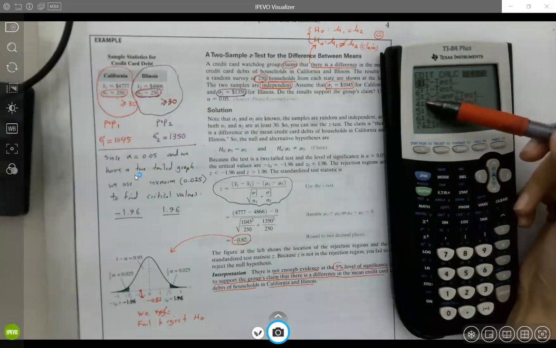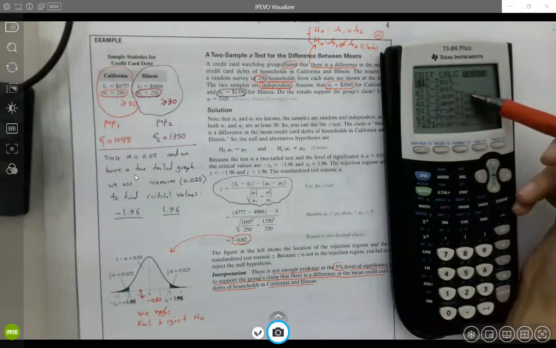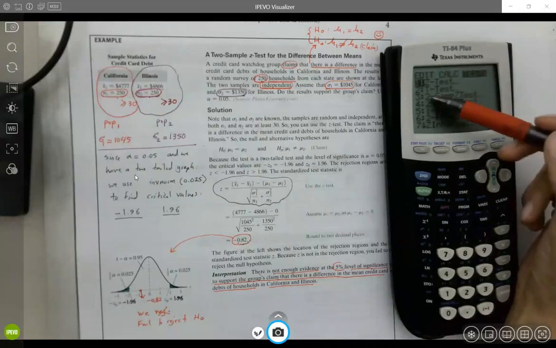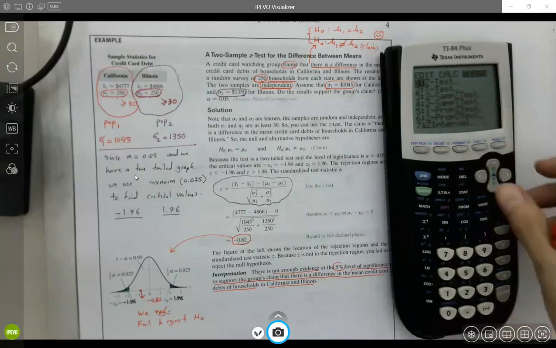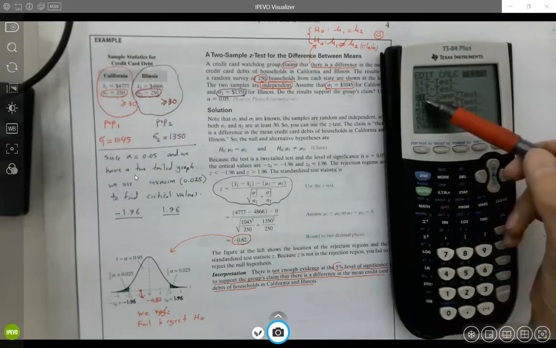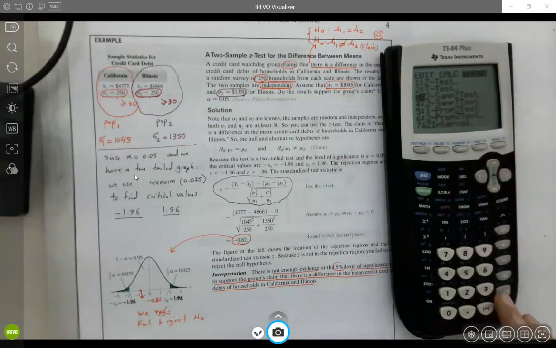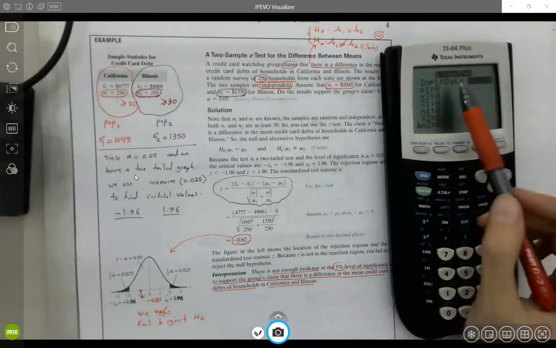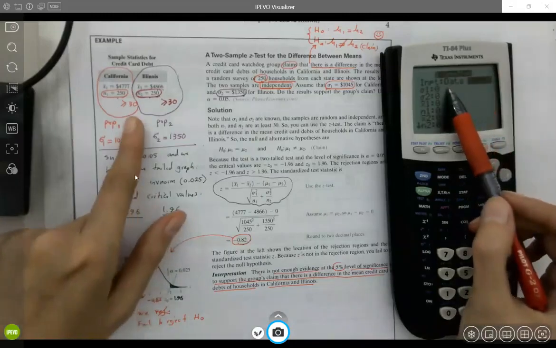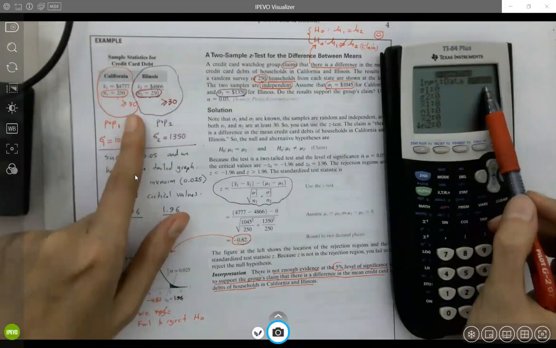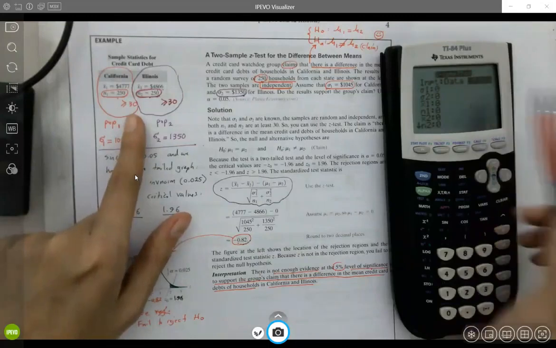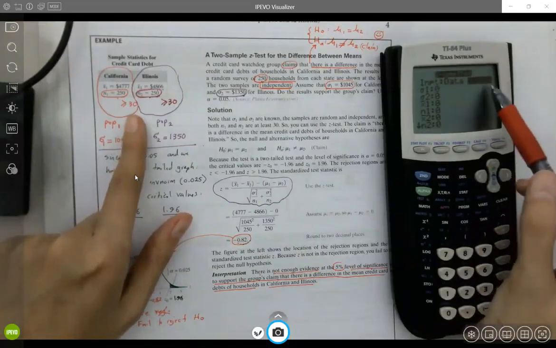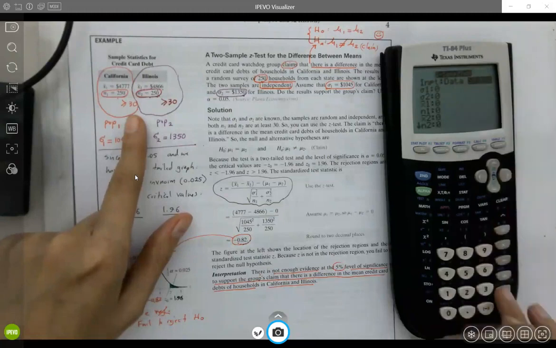Two refers to two populations. You're taking two samples. Since sigma is given to us, we have two sample z-test. Let's click on that. We don't have the actual data. What do we have? We have information about our samples. So we're going to select stats.